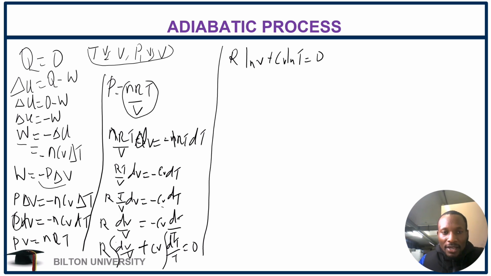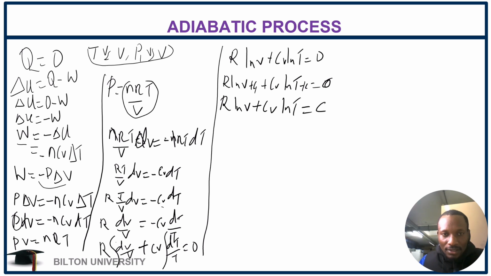And of course, we can write it in terms of a constant: R ln V plus constant plus C_V ln T plus constant is equal to 0, and then we can take the constant to the other side and write it as R ln V plus C_V ln T is equal to constant.